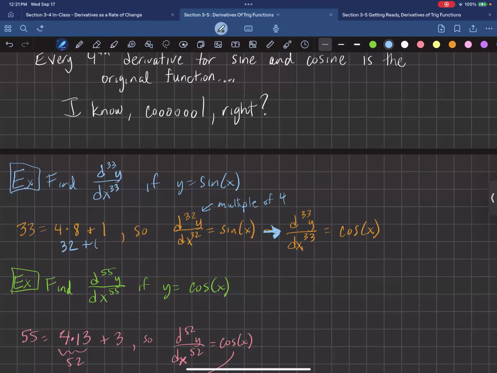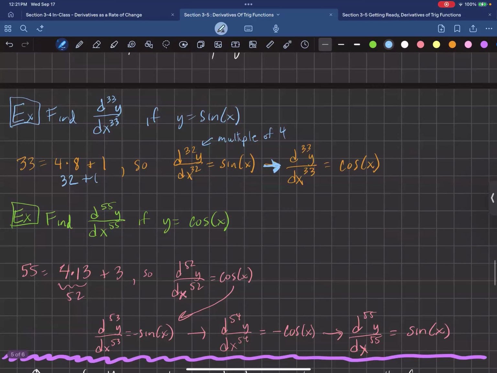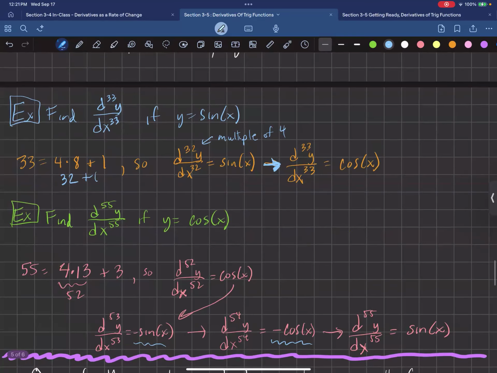So I went all the way up to the 52nd derivative. That gets me right back to where I started with cosine x. And then I took the derivative one at a time. So the first derivative will be negative sine x. Next derivative is negative cosine x. And our third derivative will be sine x. So the 55th derivative of cosine x is sine x.